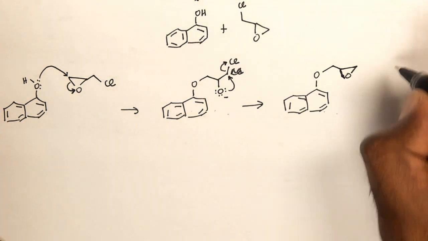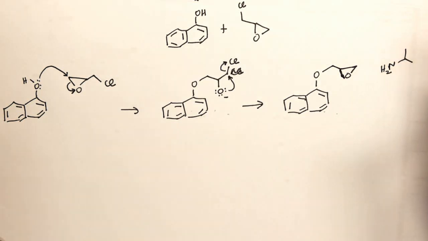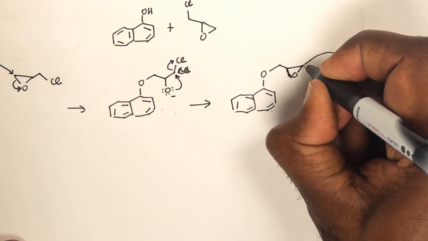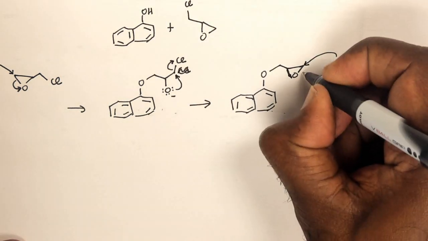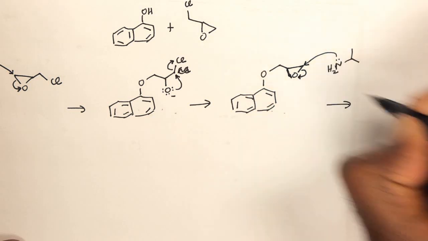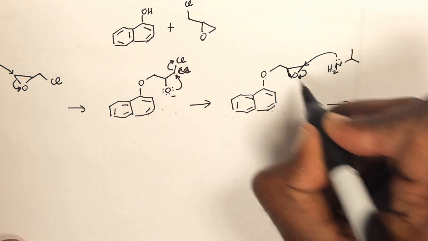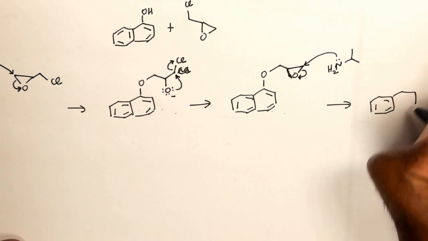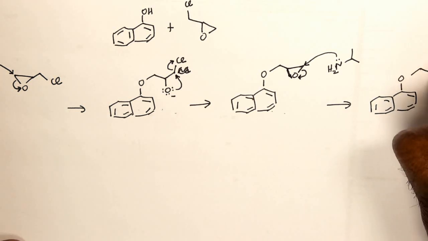The next step would be for this nitrogen nucleophile to then attack that particular carbon, with the epoxide again opening up. Ultimately, after protons are moved from here and added to that oxygen, we would get our target molecule, which looks like this.